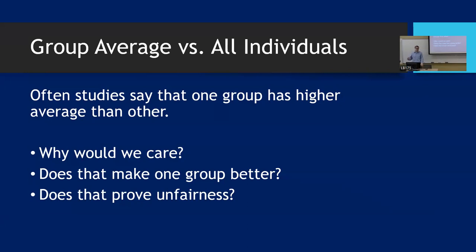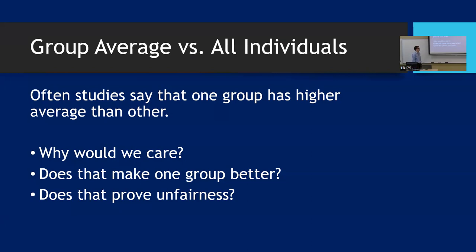And to piggyback on that, often there are studies that say one group has a higher average than the other. Group A on average is taller than group B. Or group A commits crimes at a higher average rate than group B. Some people say, well, why would you ever want to compare groups like that?